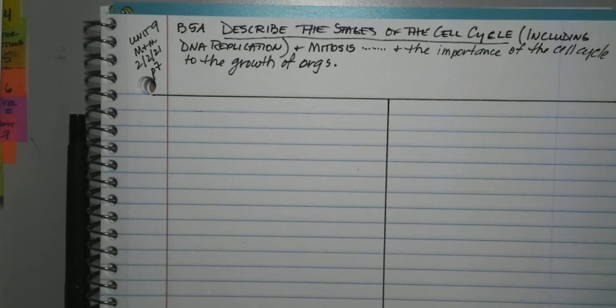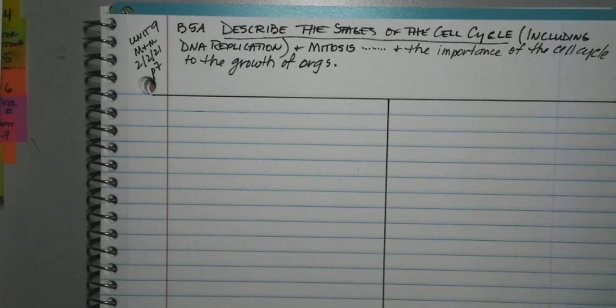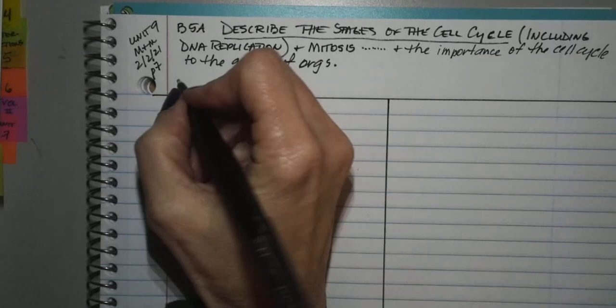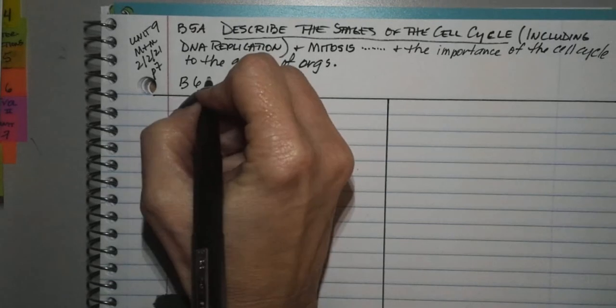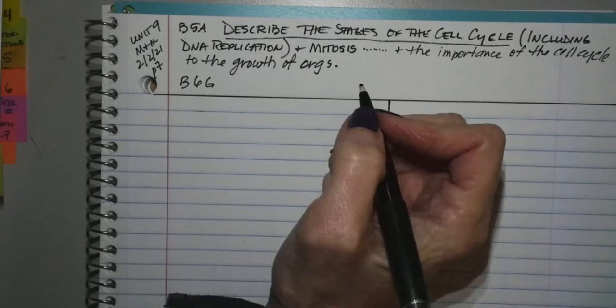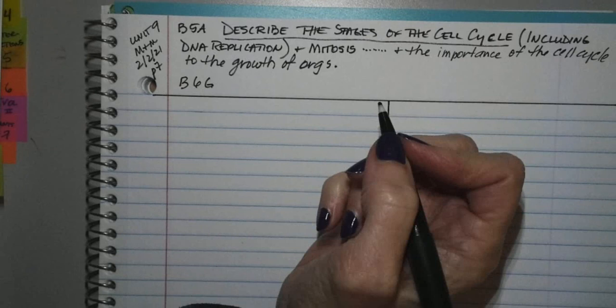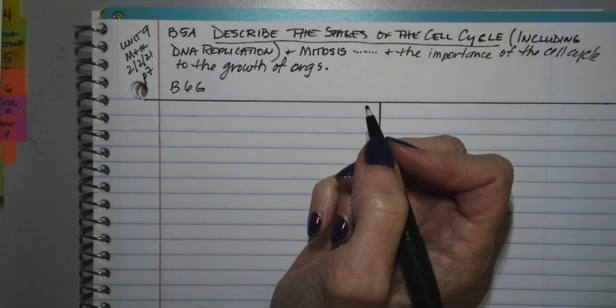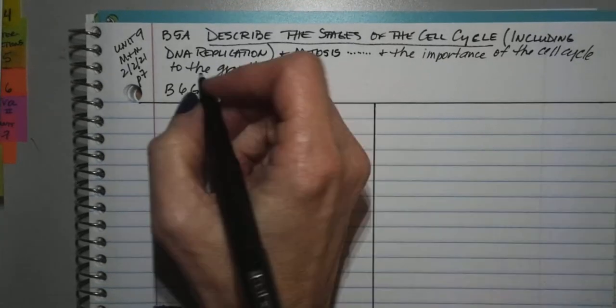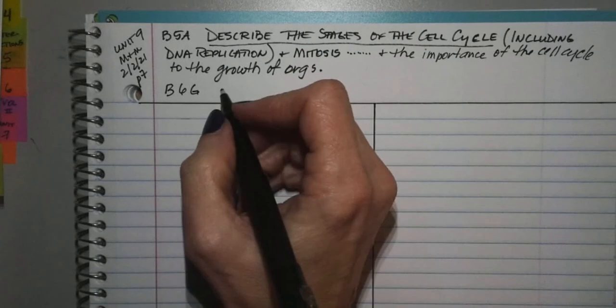The other TEKS that I'm going to throw in here with this is, again, really simple, B6G. We already talked about it a little bit when we talked about the evolutionary theory, and remember how we talked about more diversity means it's a more healthy environment, a more healthy organism, things like that. So B6G says recognize the significance of meiosis to sexual reproduction.